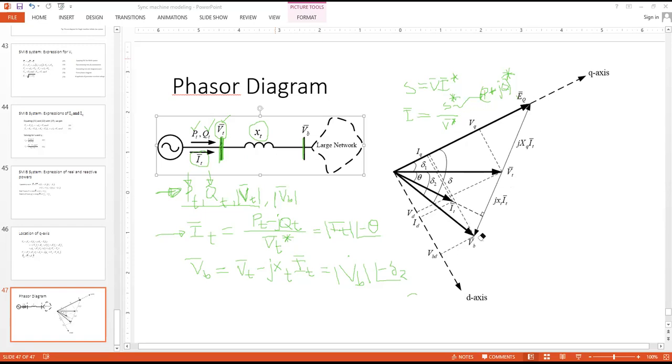The next step is a little tricky, because in the next step we are trying to find out the location of the Q axis. You see, this is the Q axis, this enlarged big line. And if you look at it carefully, this is our original VT.